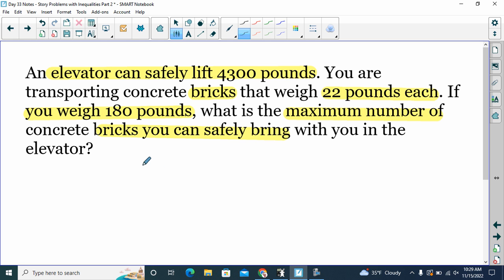This time, the thing that we are comparing, we are looking at total weight, the total amount of weight we put on the elevator, and we are comparing that to the 4,300 pound weight limit.